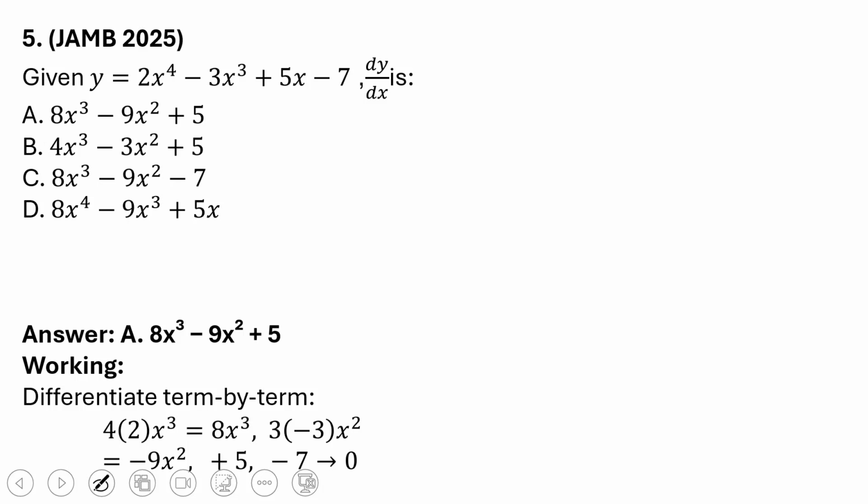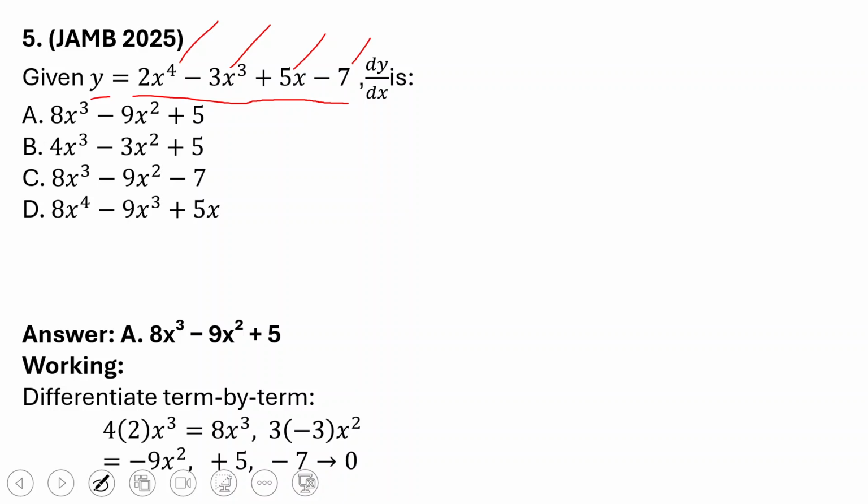Number 5 says given that y equals 2x raised to the power 4 minus 3x raised to the power 3 plus 5x minus 7, find dy dx. This is a polynomial with 1, 2, 3, 4 terms, so we can differentiate each of the terms one by one. We'll just apply the differentials for each term.